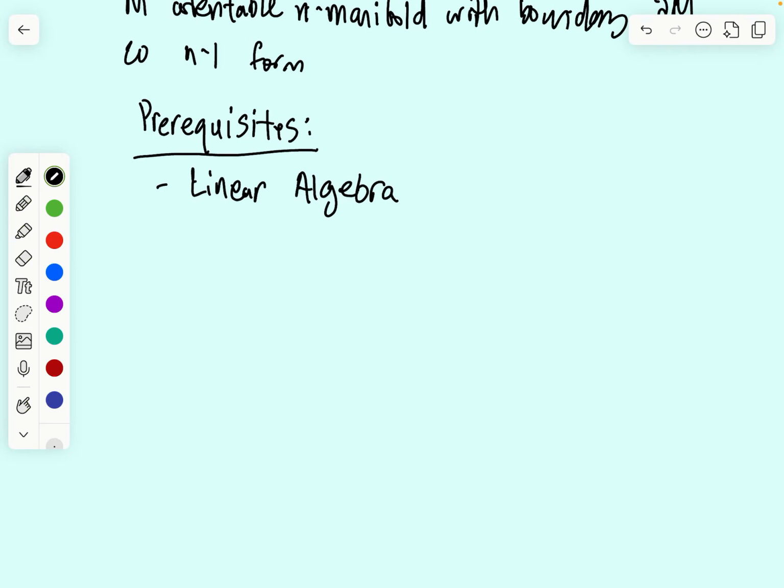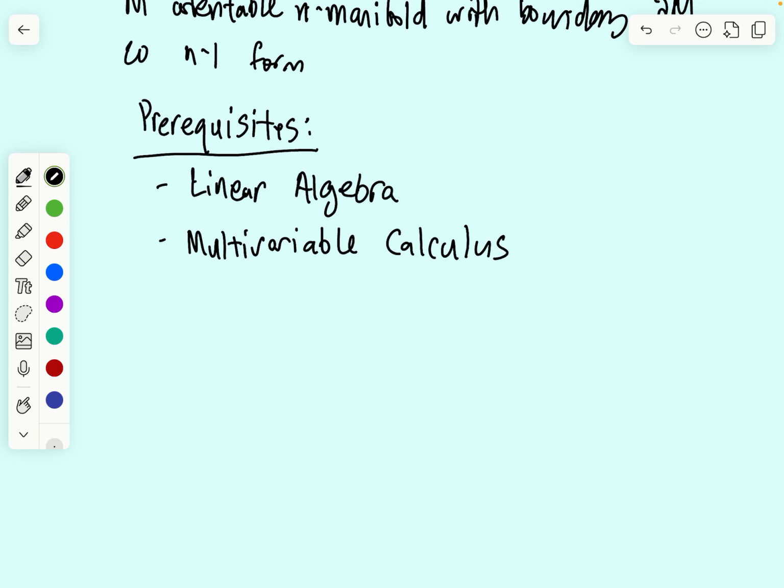Mostly we're going to be working with Rn. So really, if you just know about subspaces of Rn, I guess that's okay, but I'll be using the terminology of vector spaces. If you're not familiar with vector spaces, then every time I say vector space, just think subspace of Rn, and it should be okay. So that's linear algebra, and then I'm assuming that you're familiar with multivariable calculus.